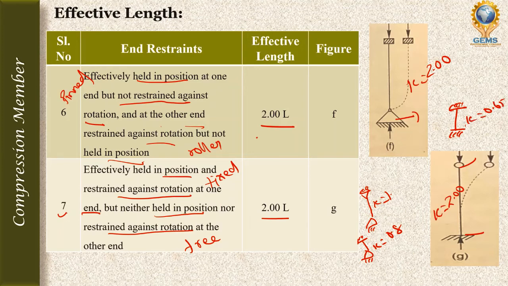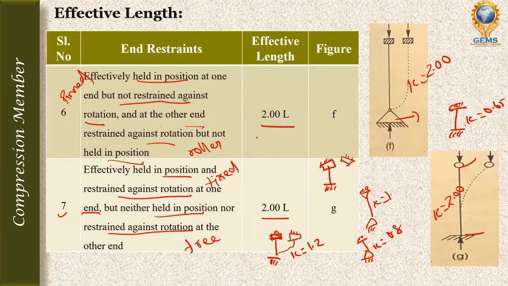0.65. And fourth one is one end is fixed and another end is roller, but it is not rotated. So for that condition, your K value is 1.2, and your fifth condition is one end is fixed, another end is roller but partially rotated.